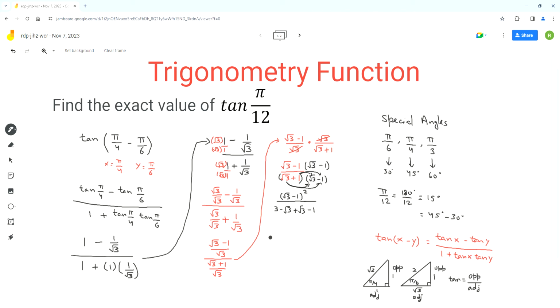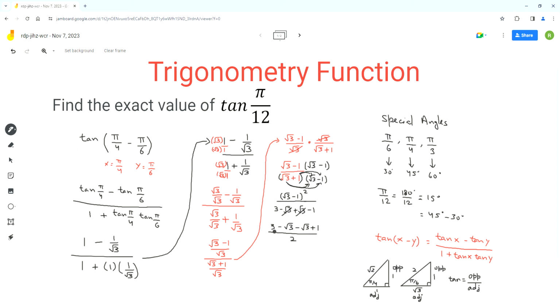Now we can simplify the numerator. In the numerator it's a square, so we expand the square. So we get 3 minus square root of 3 minus square root of 3 plus 1. And in the denominator, the negative square root 3 and positive square root 3 cancel each other out, and 3 minus 1 becomes 2.